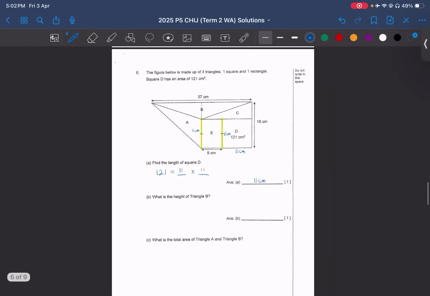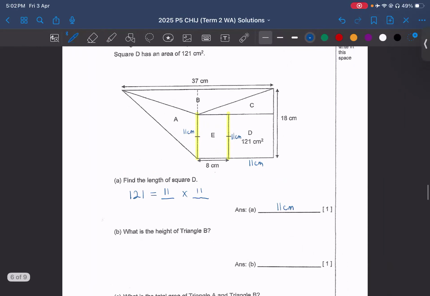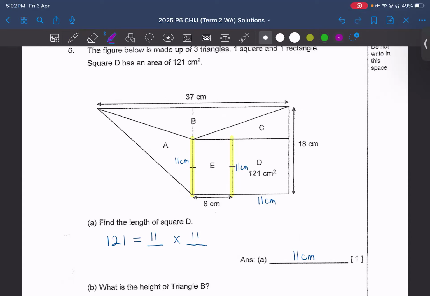So next, we are going to find the height of triangle B. If you look carefully, you realize that the height needs to be perpendicular to the base. So for triangle B, this 37 cm here will be your base, and your height would be this dotted line here.